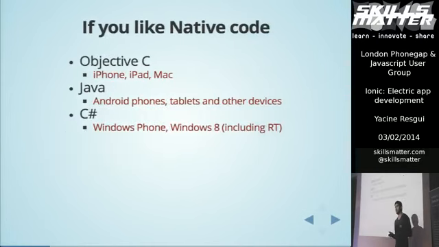So now, if you want to do some native code, you have to choose among a lot of languages. You have Java for Android. You have Objective-C for iPad, iPhone. I don't consider Mac especially a mobile platform, but now even on the Mac or Windows 8, we have an app store. So even if you are making your application, think about these app stores too, because I see a lot of people downloading applications from the Mac App Store and the Windows Store.